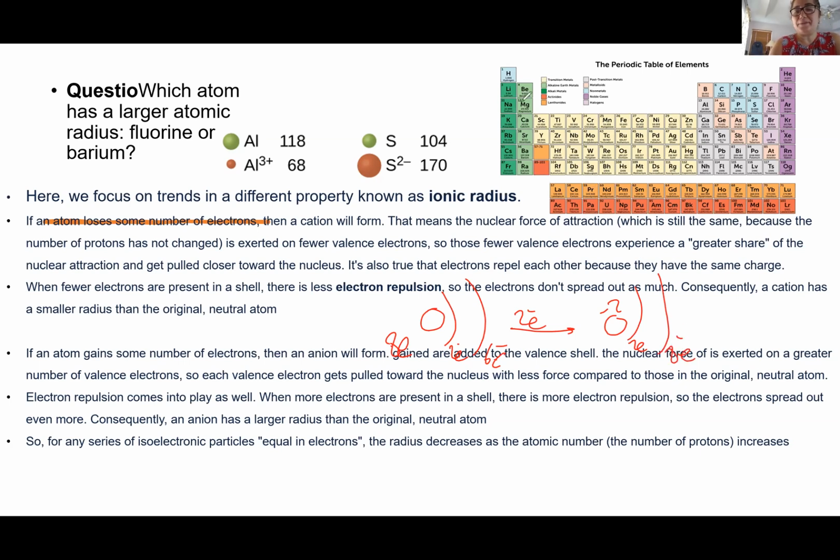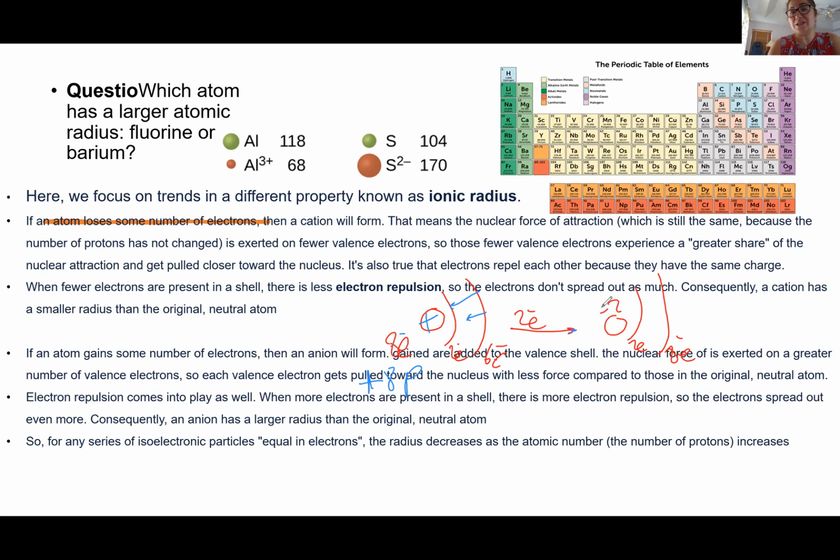Okay, what is happening to the attraction? Here you have 8 electrons and 8 protons. The 8 positive charges from the nucleus are pulling the electrons inward, and it's a kind of 1-to-1 ratio.